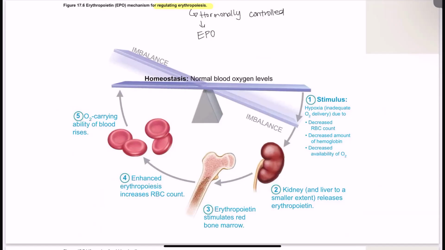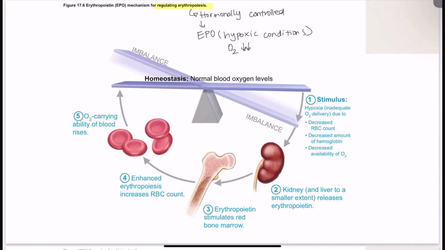That's a hormone made by the kidney and liver that causes erythrocytes, red blood cells, to mature more rapidly than they normally would. And this is usually done under what we call hypoxic conditions. Hypo means too low. Oxic refers to oxygen, so that's when O2 is too low.